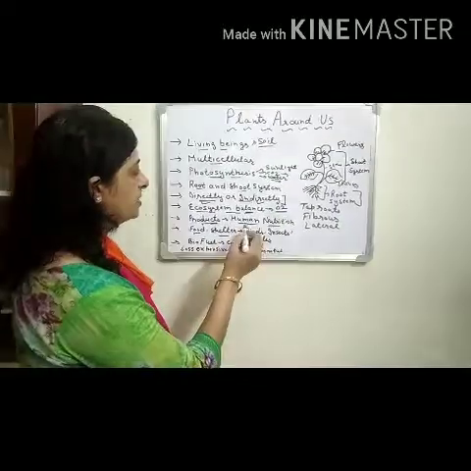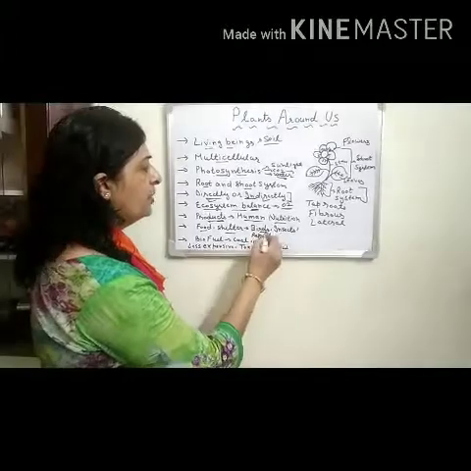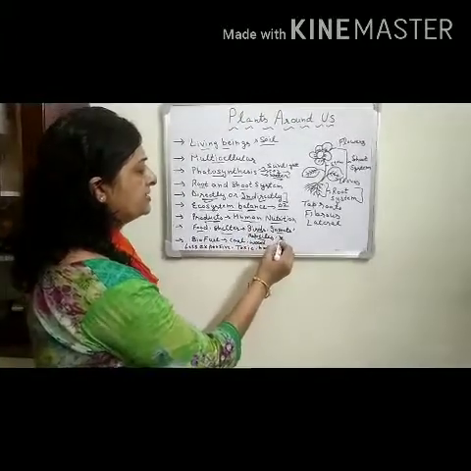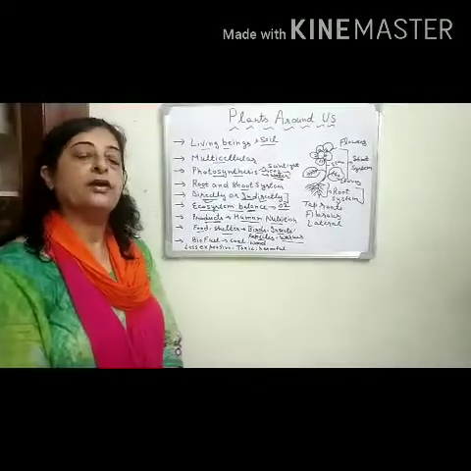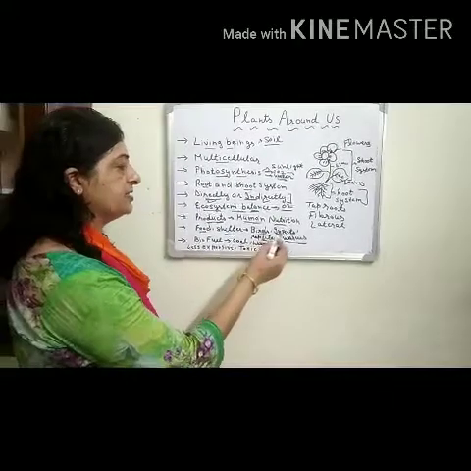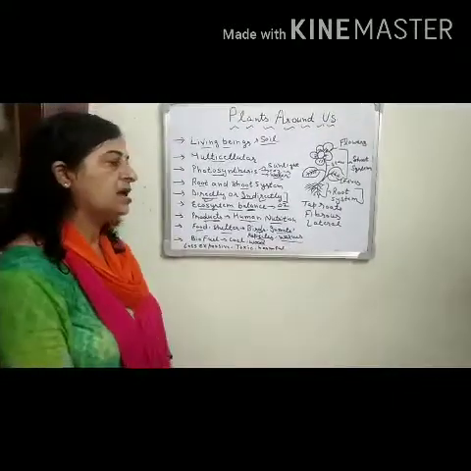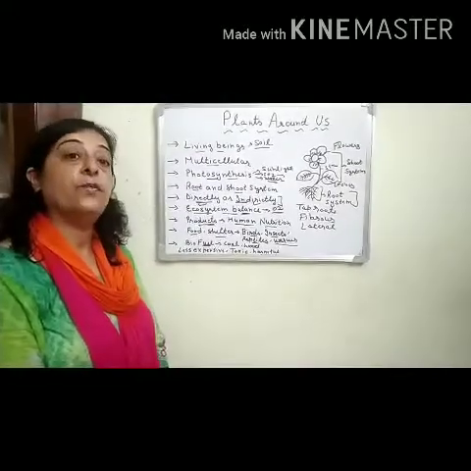Food and shelter are provided by plants to a number of birds, insects, reptiles and worms. A single tree can provide food and shelter to a number of species like birds, insects, reptiles and worms. Some plants are also grown for the sake of biofuels.